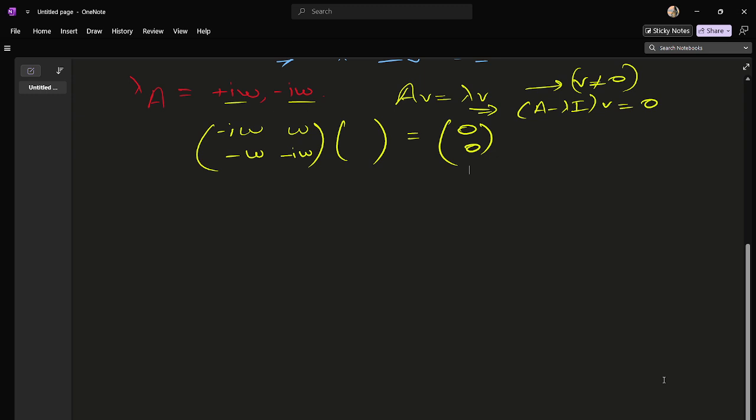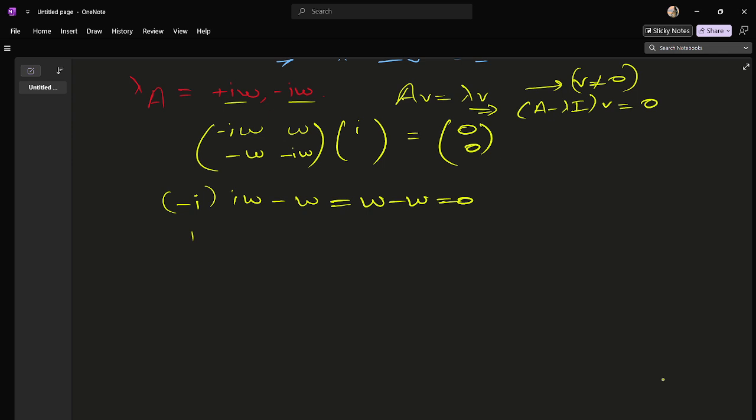Taking minus i and 1, we get i times minus i omega minus 1 times omega, which gives omega minus omega, so it will be 0.